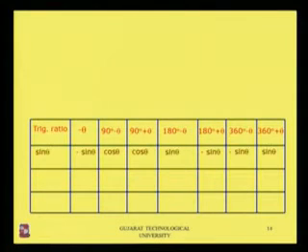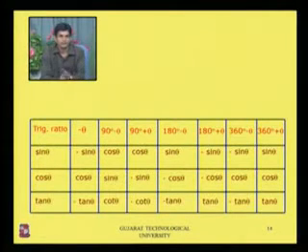This is a trigonometric ratio. Sine of minus theta is minus sine theta, sine of 90 minus theta is cos theta. This table we will try to understand on the table.